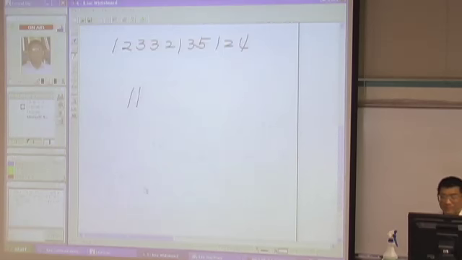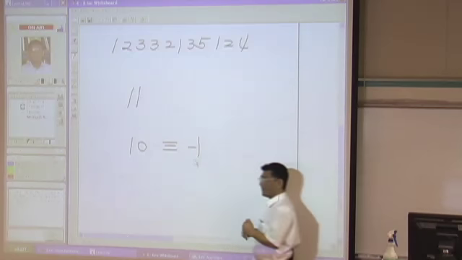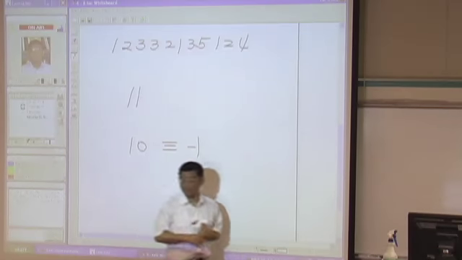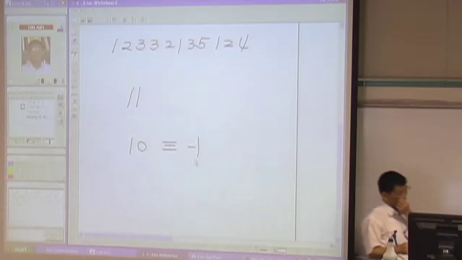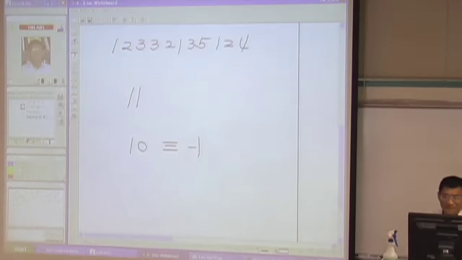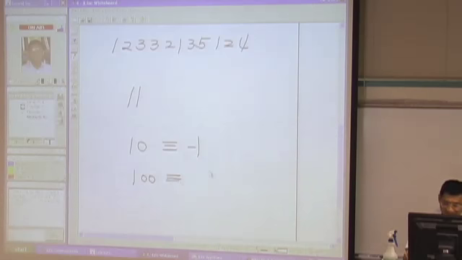With mod 11, 10 is congruent to what? -1, right? With mod 11, 10 is congruent to -1. Then 100 is congruent to what? 1.